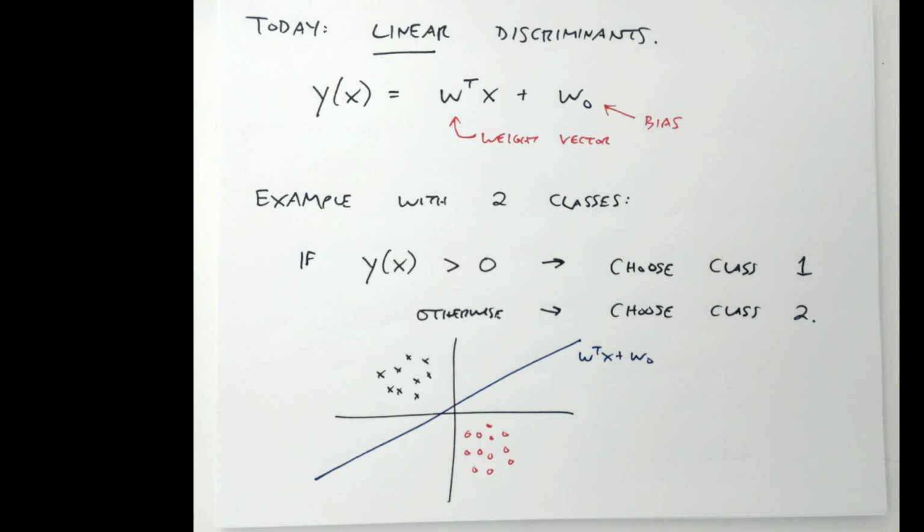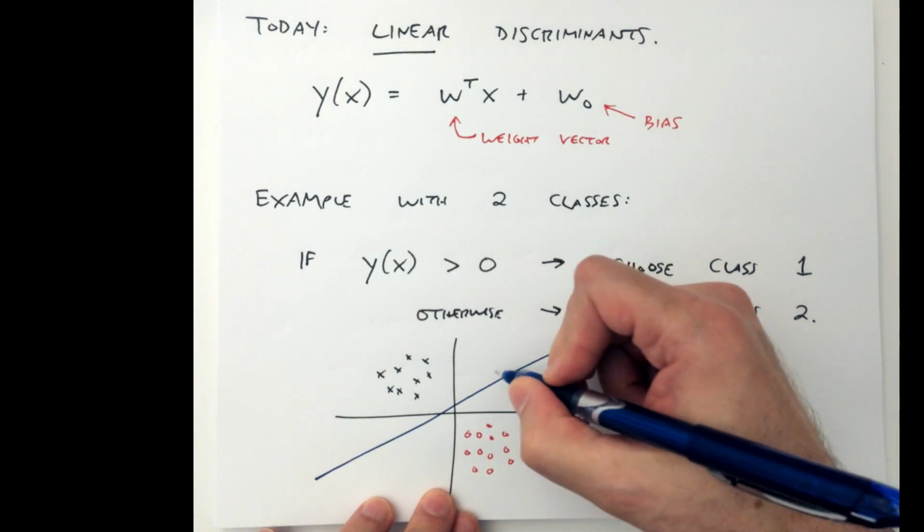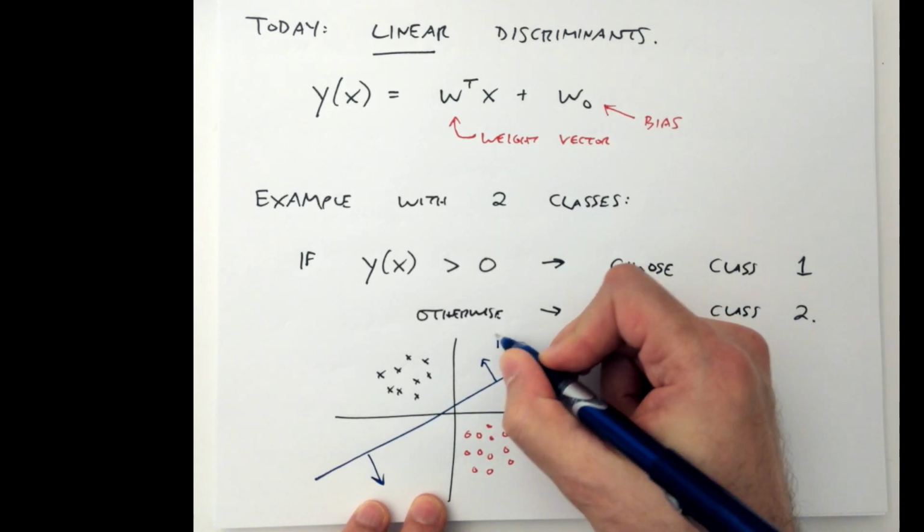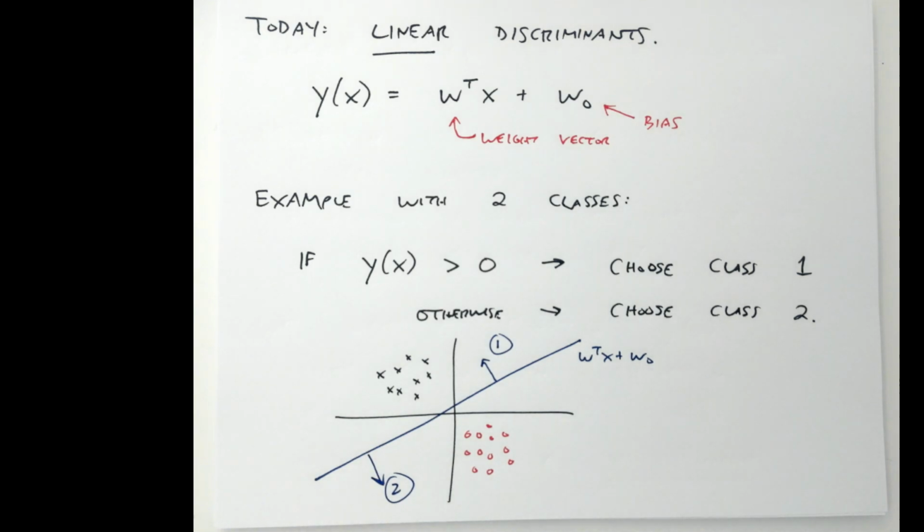And basically everything on one side of the line gets called class 1, and everything on the other side of the line gets called class 2. So in higher dimensions, this is more like, imagine that we're trying to just draw a discriminant inside this room, right? So what I might do is imagine a giant plane that swipes through the middle of the room and separates all the people on one side of the plane and all the people on the other side of the plane. That's a way I can use a linear function to split this room into two, okay?